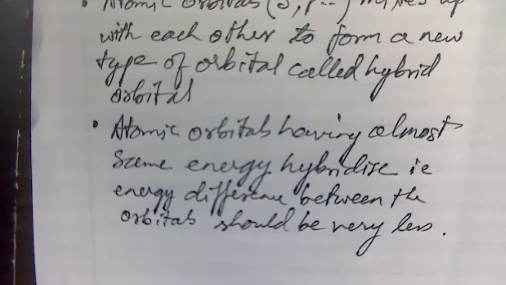If it is less, then it can hybridize. If it is more, then it cannot hybridize. Clear?